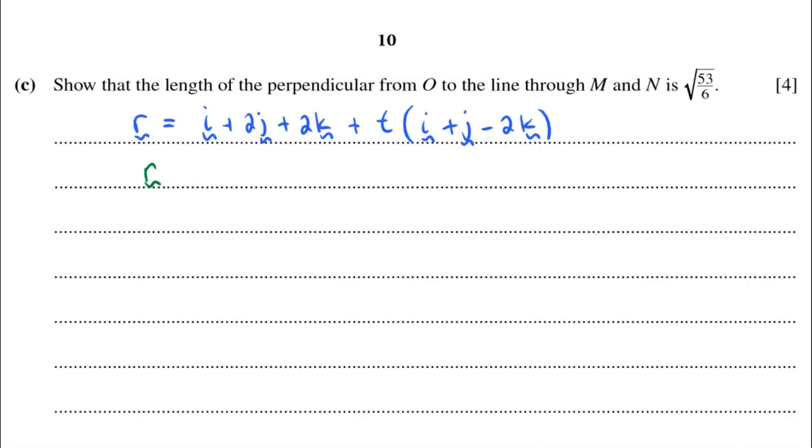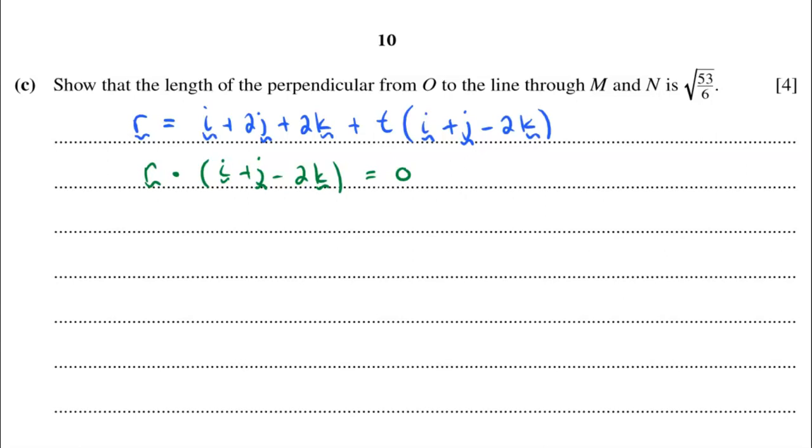So we're going to take one of the vectors, we don't know which one yet, and do the scalar product with the direction vector, which is i plus j minus 2k, and that's going to equal 0. If we can solve that, we're done. So we're going to take the r vector and turn it into just a single i, j, and k.